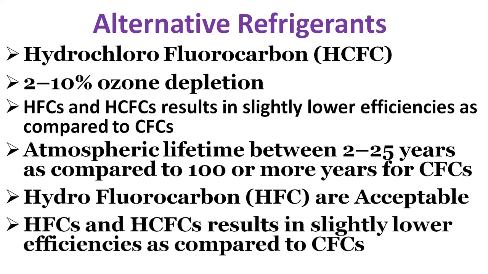Until now, only the HFC-based refrigerant HFC 134A has been developed. HCFCs are comparatively simpler to produce, and 3 refrigerants, 22, 123 and 124, have been developed. The use of HFCs and HCFCs results in slightly lower efficiencies as compared to CFCs, but this may change with increasing efforts being made to replace CFCs.